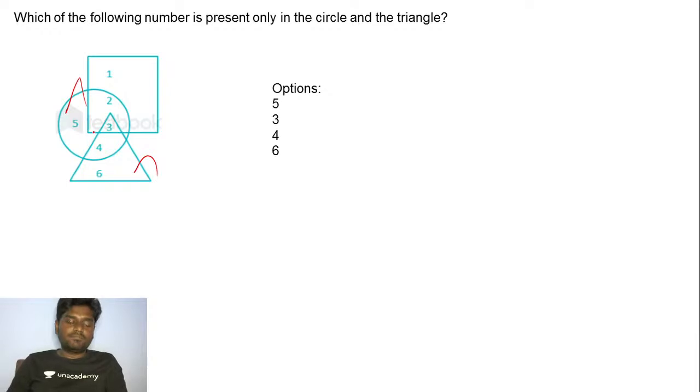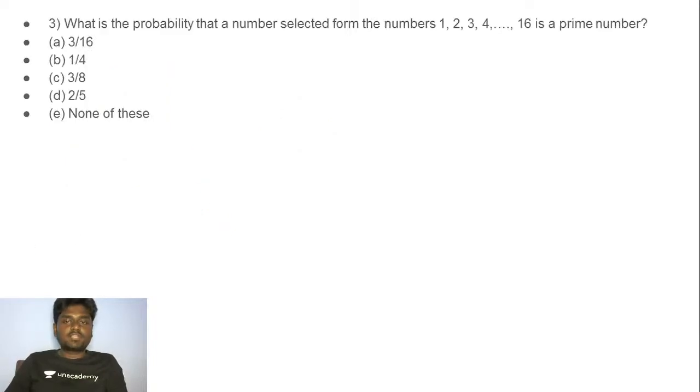If you see the number which is present only in the circle and only in the triangle, absolutely it's going to be 4 just by looking at it. Very simple one. So 4 is a number which is present only in the circle and in the triangle. Okay. Next question for you.